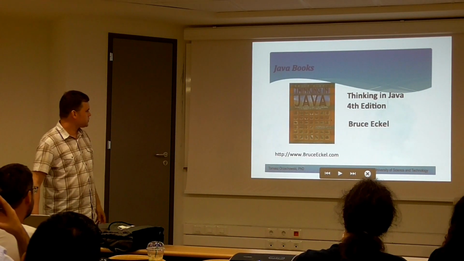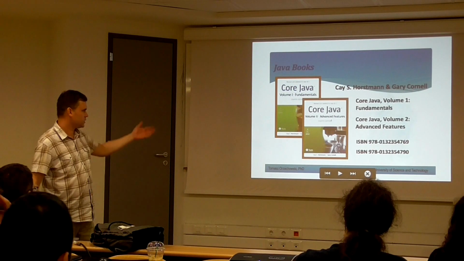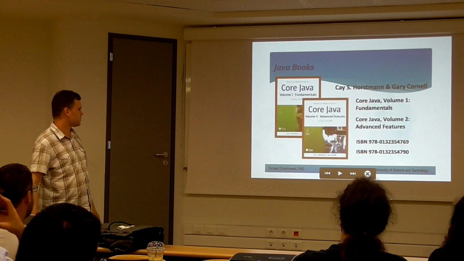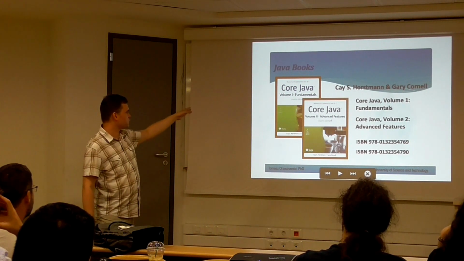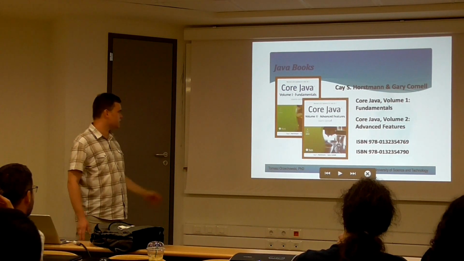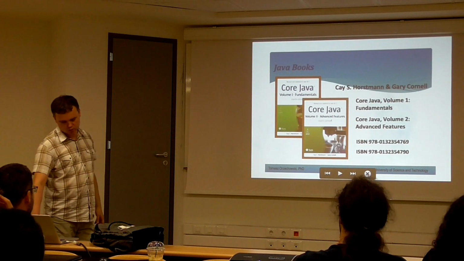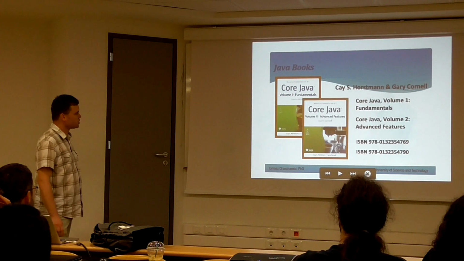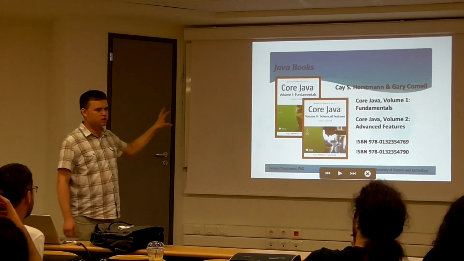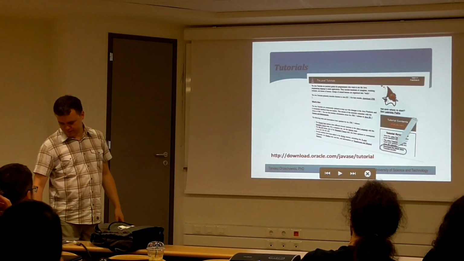Information about books: Thinking in Java, and of course from Oracle, Core Java Volume 1, fundamentals, and advanced features in Volume 2. So these books are really good if you want to go deeply into Java.